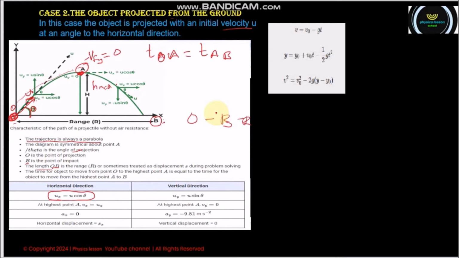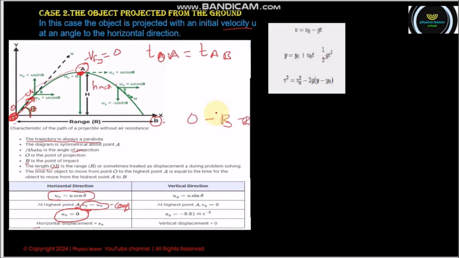At the highest point, at point A here, the horizontal component of the velocity, Vx, is equal, the initial is equal to the final across x. That means the velocity across the horizontal is constant. That means the acceleration across x is equal to 0.